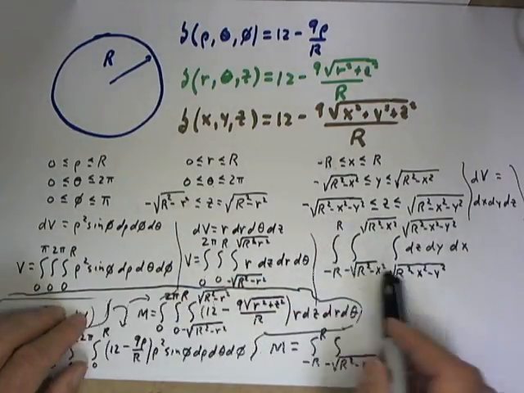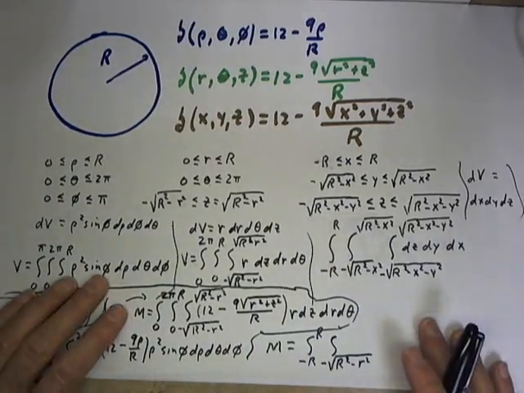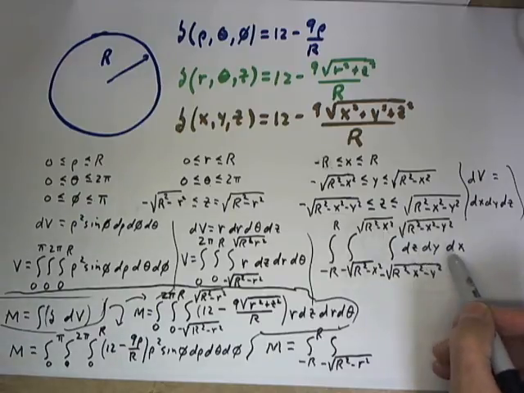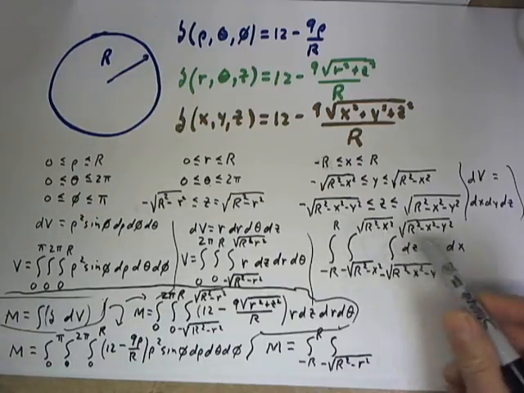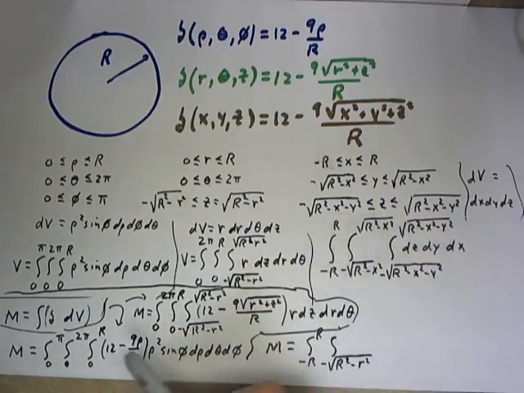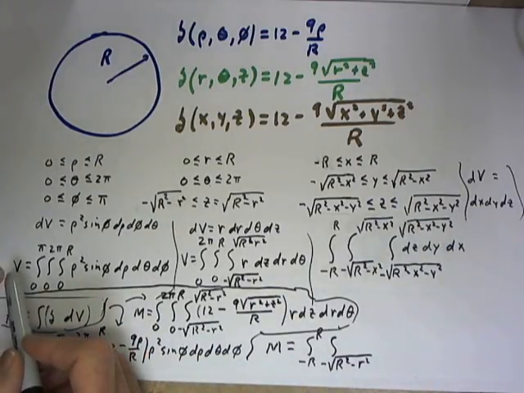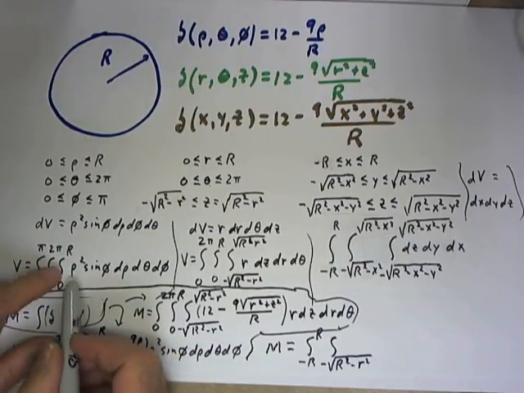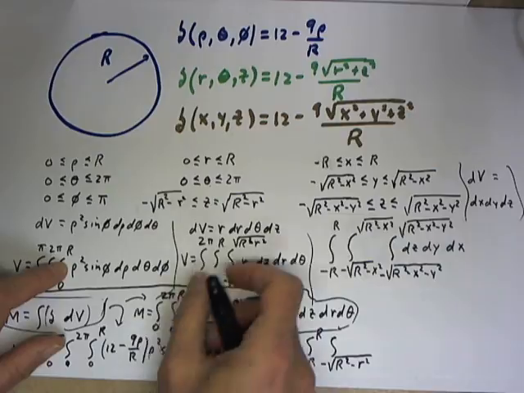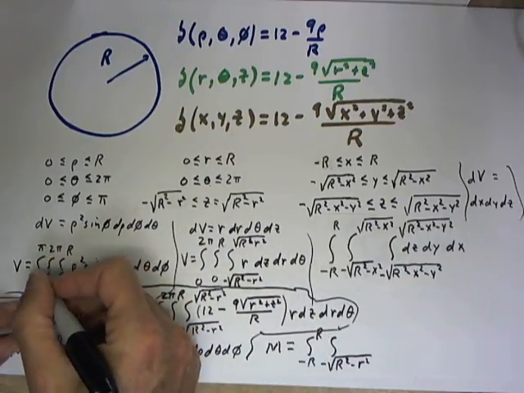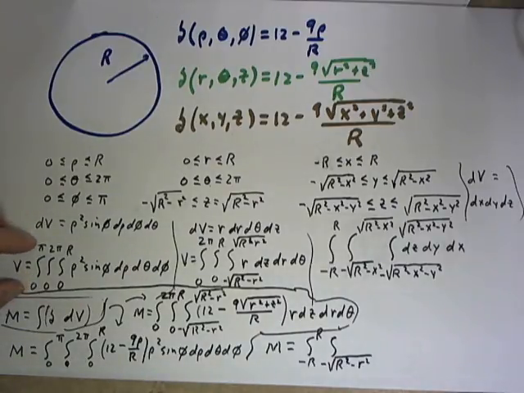Each coordinate system has its advantages for this volume integral. The volume increment is simplest in rectangular coordinates, but the limits on the integrals are more restrictive, whereas in spherical coordinates, our volume integral has a more complicated volume increment, but the limits on the individual integrals are much simpler.